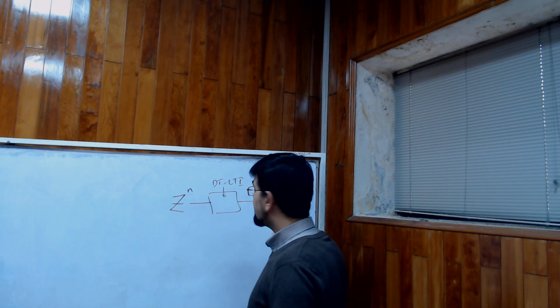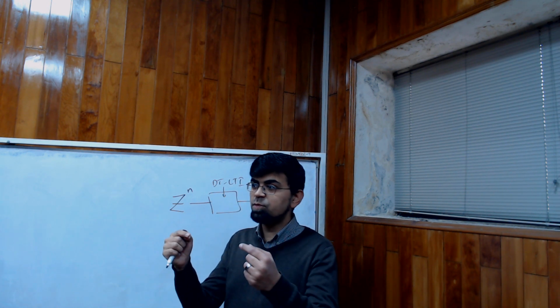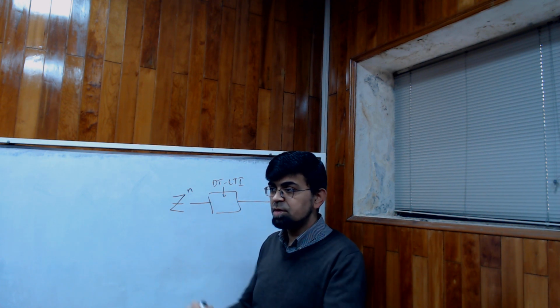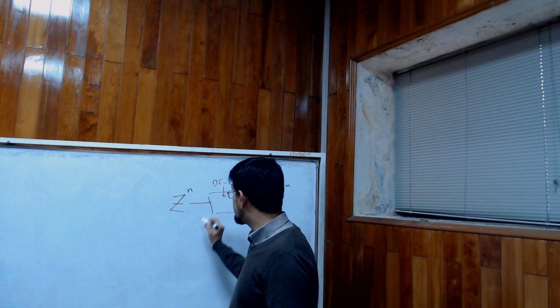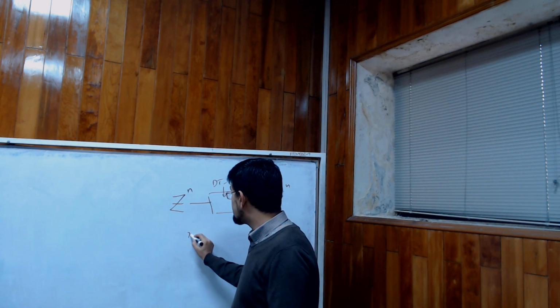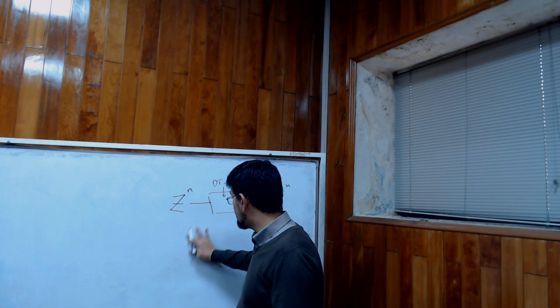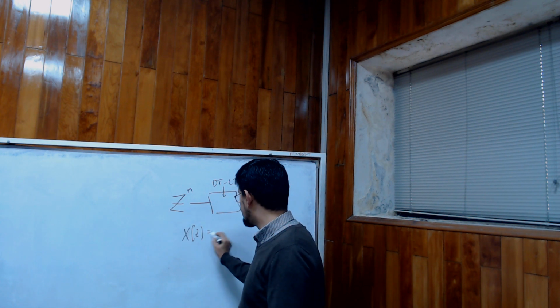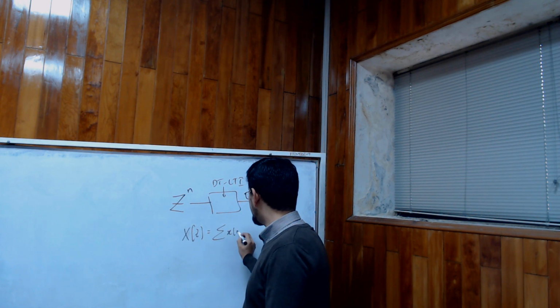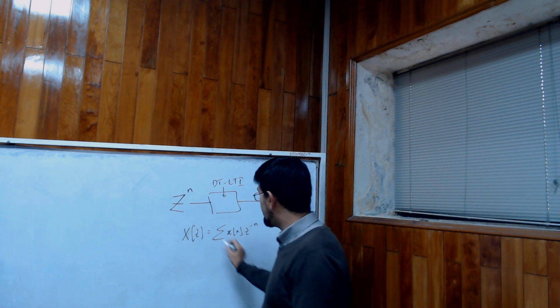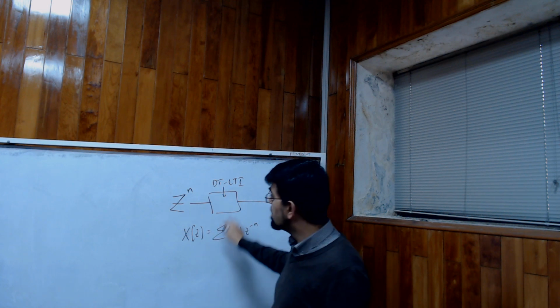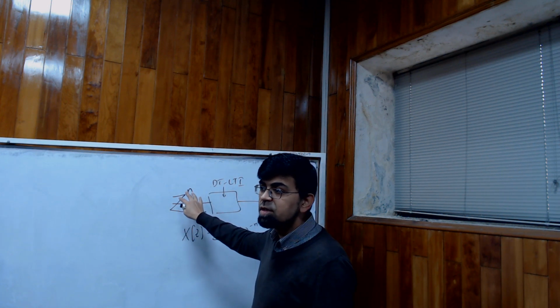So using that idea and connecting it with eigenfunctions and eigenvalues, we were able to suggest that we will try to write any given signal, let's say x[n], as a linear combination of these eigenfunctions. That's the whole idea of the Z transform.